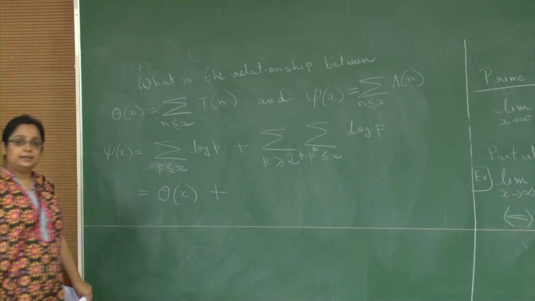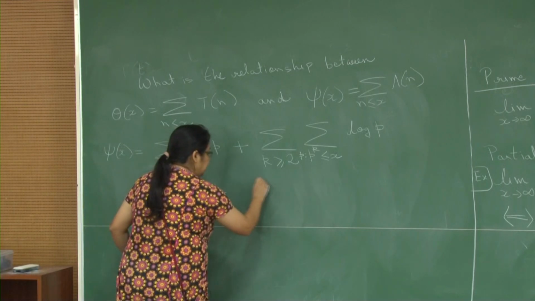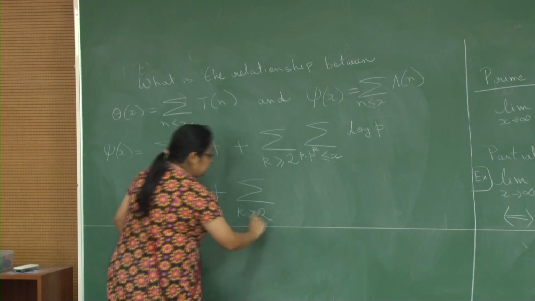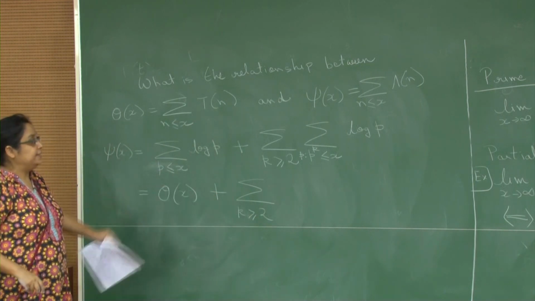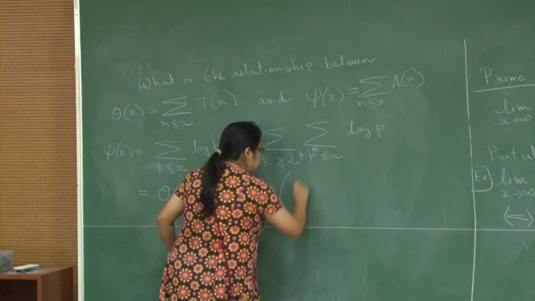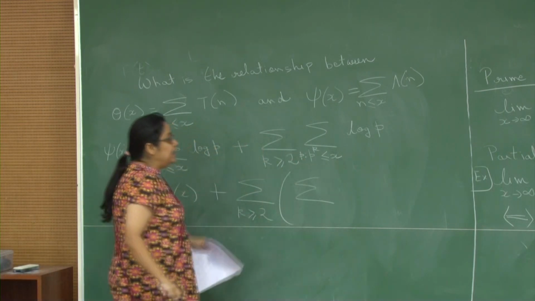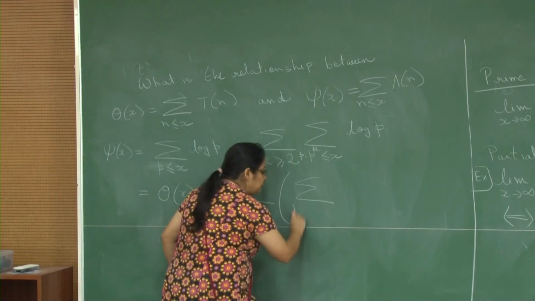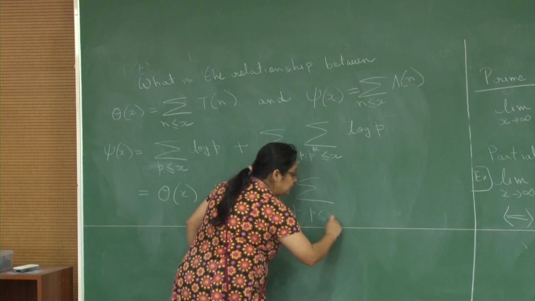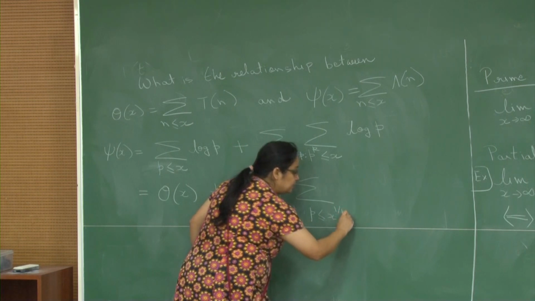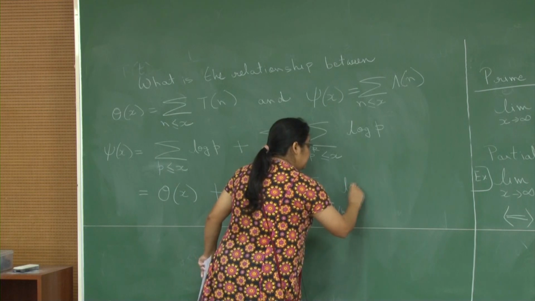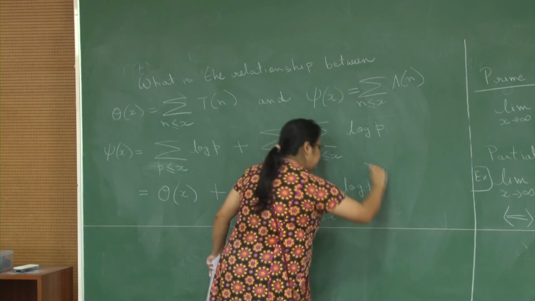What happens over here? This is again going over k at least 2, and for each such k, the inner sum is running over all those primes which are less than or equal to x raised to the 1 by k, of log p.